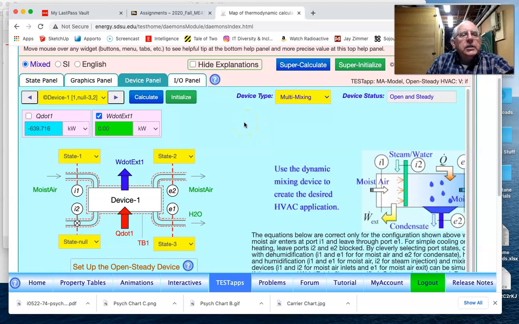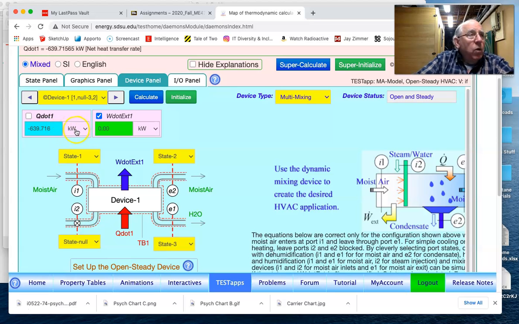And so we see in this particular case that the heat transfer required for this refrigeration process is 639 kilowatts, but we can switch that over to tons of refrigeration and get 181.9.